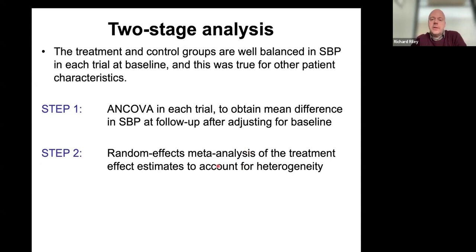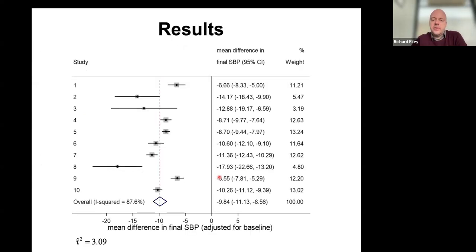Then in the second stage, I'm going to use a random effects meta-analysis. I think there's likely to be heterogeneity in these trials, and therefore I'm going to allow for heterogeneity in a random effects meta-analysis model. So these are the meta-analysis results, and this is just what I showed you earlier, essentially. And I get my pooled meta-analysis result to be about minus 10, like I said earlier.